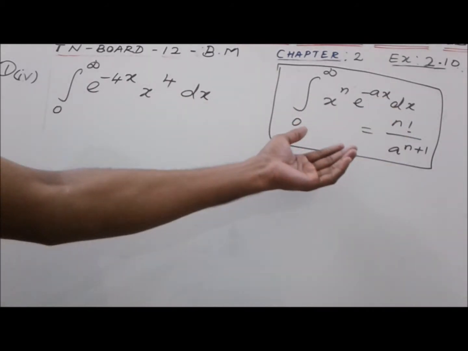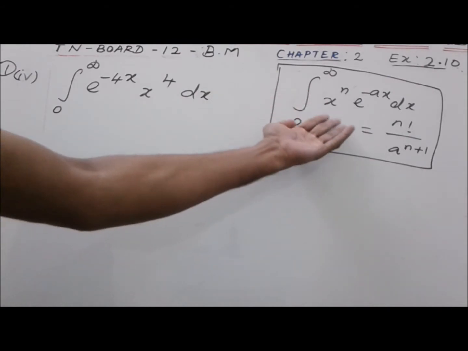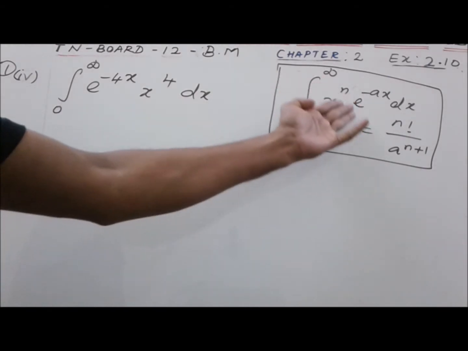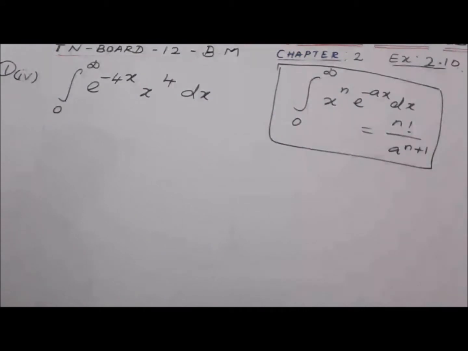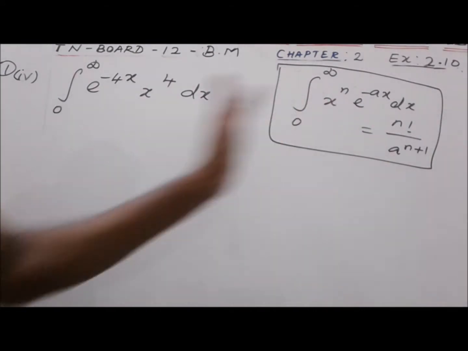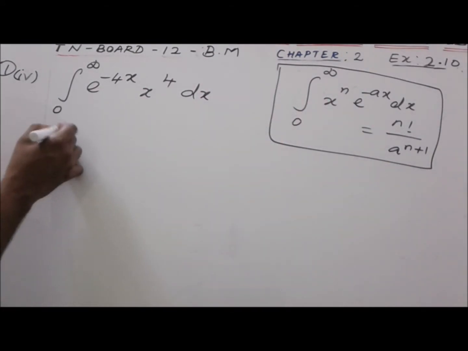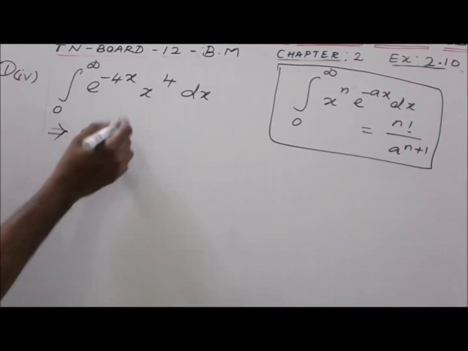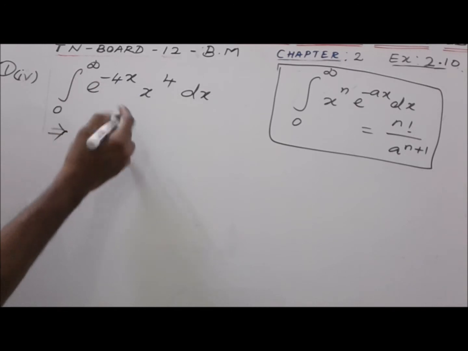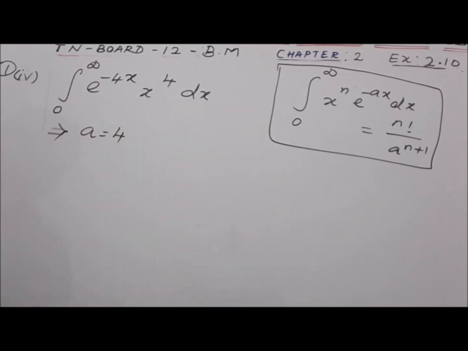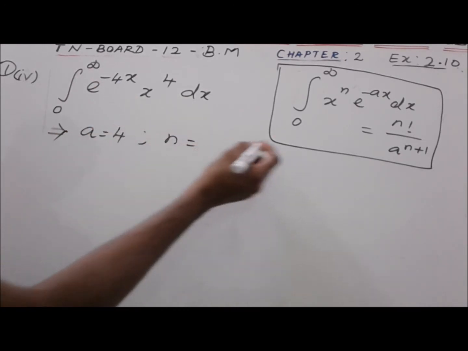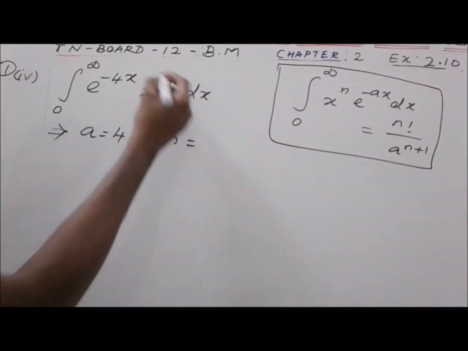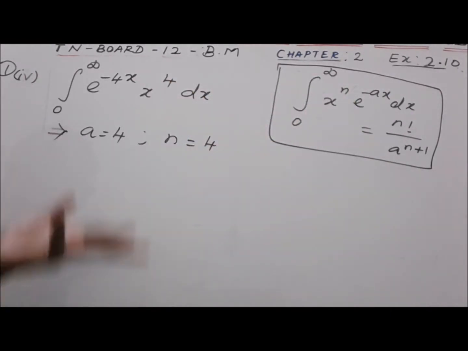Comparing with the gamma integral, we can compare these two results, which implies a is equal to the coefficient of x without the sign, so 4, and n equals the power of x, which is 4. Here a is 4 and n is 4.